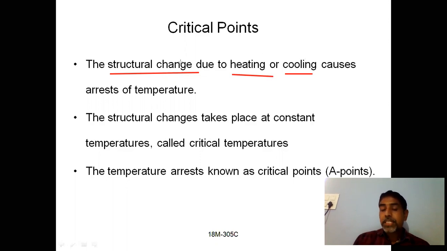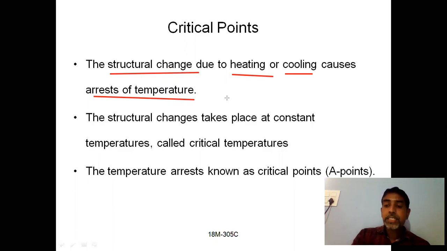When the structural change occurs, what will happen? Arrest of temperature will take place. That means the temperature remains constant and does not change. That is called arrest of temperature.